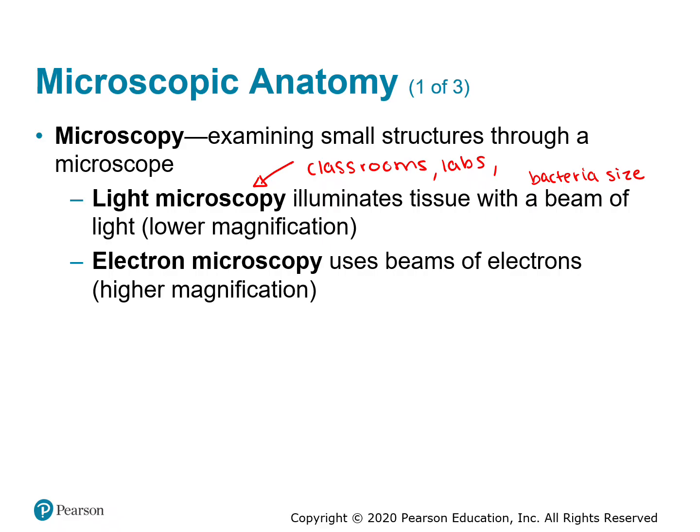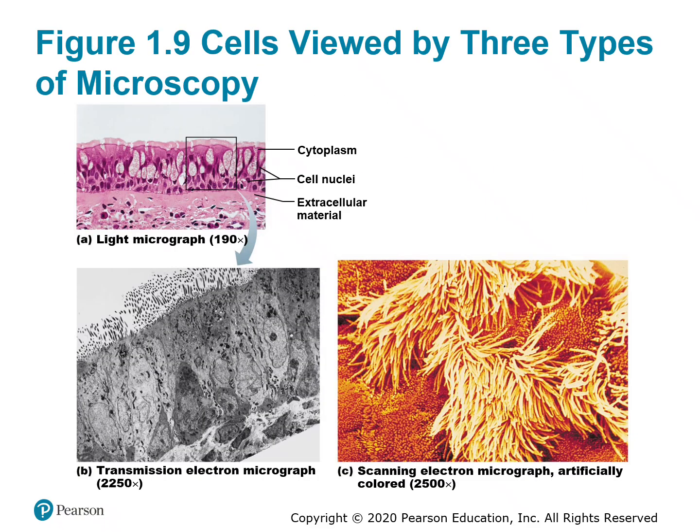Electron microscopy. Electron microscopy is super in depth. You can see things as little as a mitochondria with electron microscopy. Okay, so just different types looking for different things. Okay, this is your regular light microscope, but you can see that we can get way deeper into the image itself with the electron microscope.